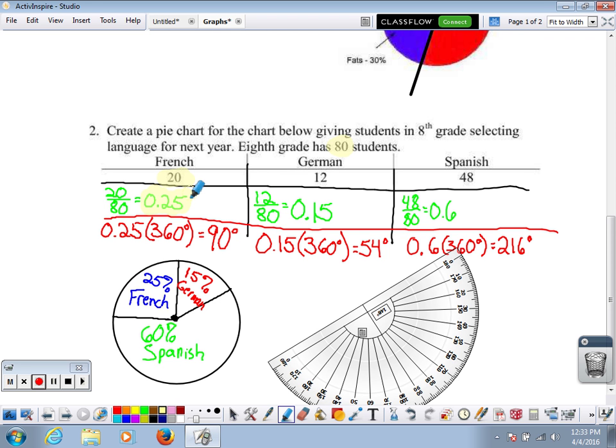Then we take those decimals, multiply them by 360 degrees, and that gives us the angle measure. Then we use the protractor to draw those angles inside our pie chart, and then we label the sections. Okay?